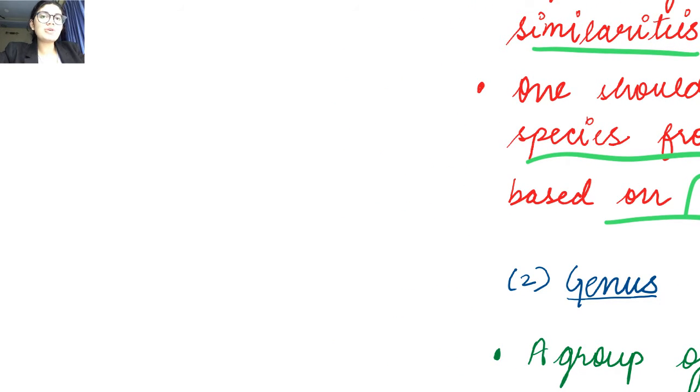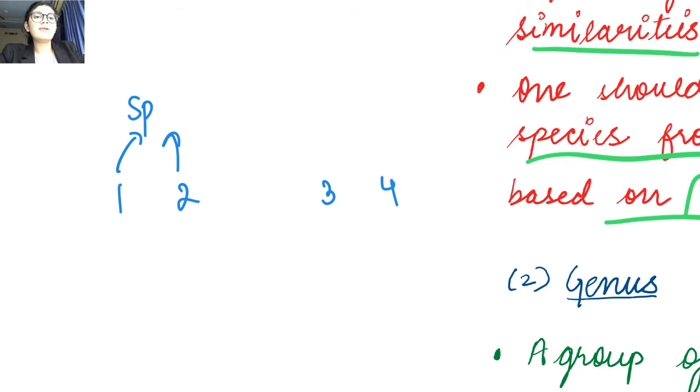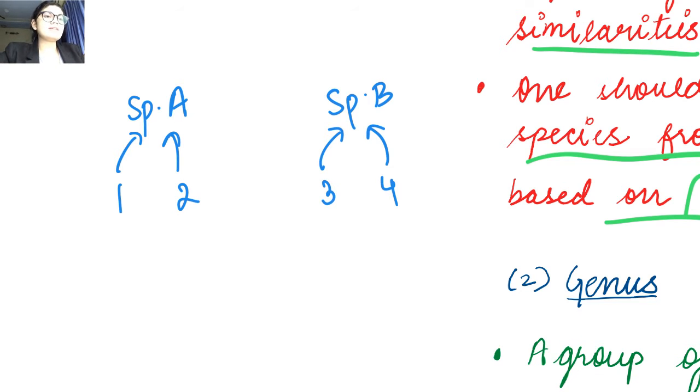So say you have 4 organisms, 1, 2, 3 and 4. 1 and 2 have fundamental similarities. So they will belong to one species, say species A. 3 and 4 also have fundamental similarities with each other, but they are different from 1 and 2. So they will belong to species B.